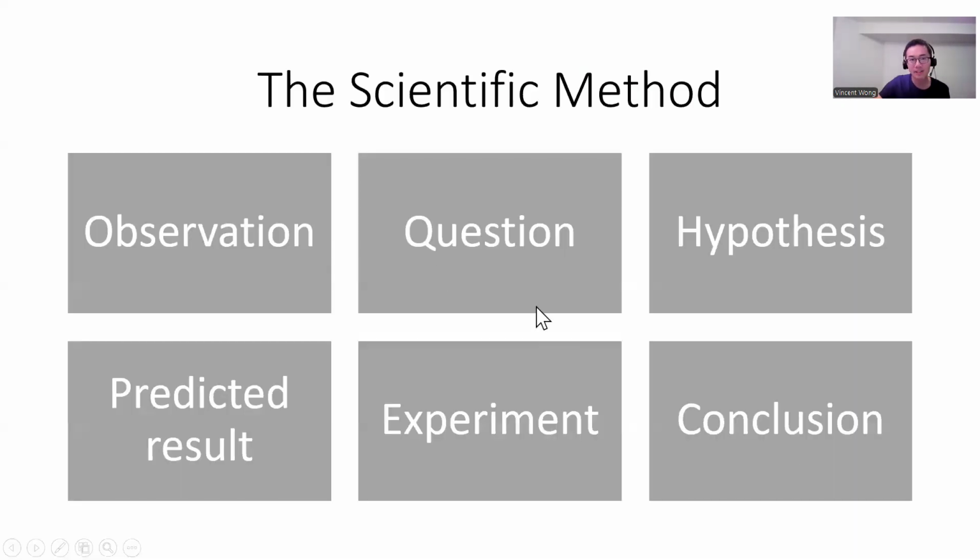So the scientific method is a process that involves a series of steps, things like observations, asking questions, and so on and so forth. I'm just going to give you one example before we go, and then we're going to go into much more detail about the scientific method next class.